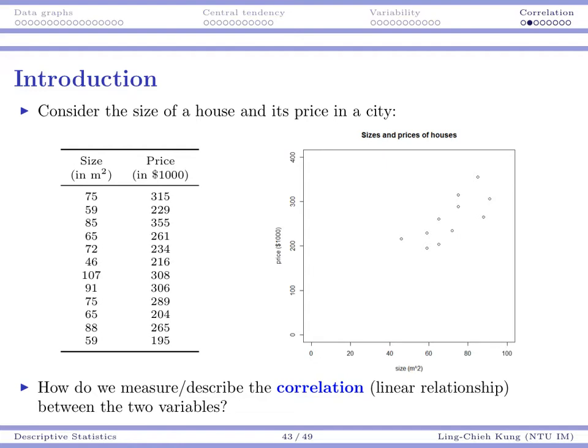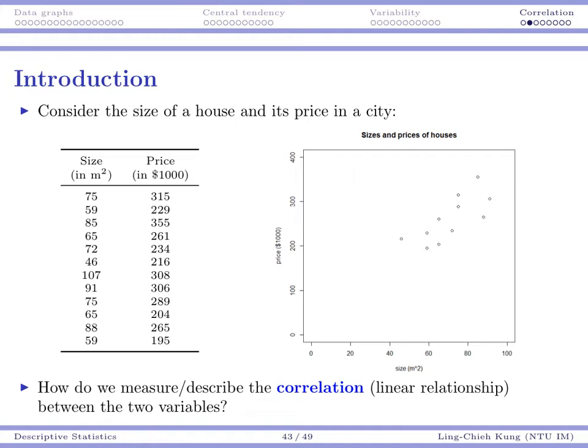I will get two sequences of measurements: the size of house 1, the price of house 1, the size of house 2, the price of house 2, and so on. For these 12 pairs of numbers, I'm going to first try to visualize them.